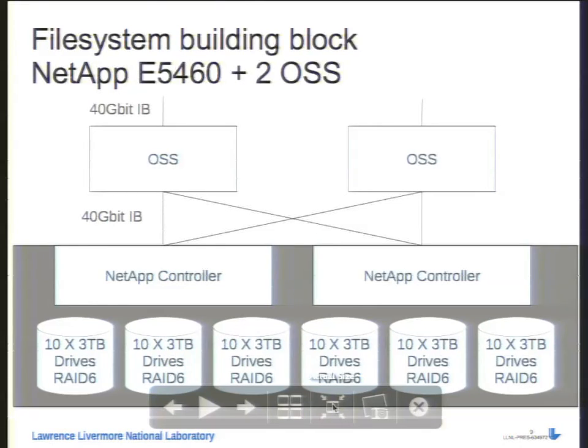We arranged the 60 drives into 6 LUNs. Each one of the LUNs is 10 drives, RAID 6, using the NetApp hardware RAID. And then we grouped them together in software, 3 of them, to make a 72 terabyte OST.